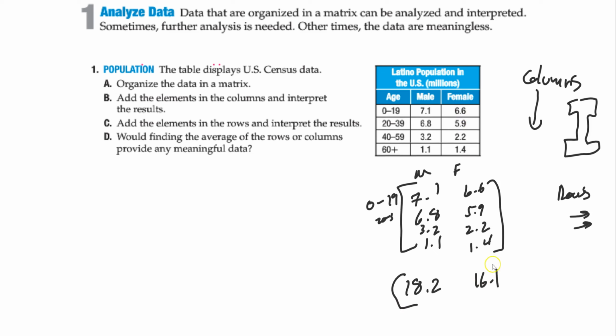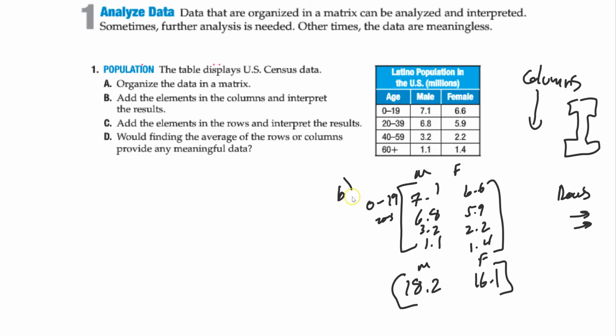Could be a little off there. What does that tell us? Well, this tells us the total number of males and the total number of females in the United States in millions. So we add the elements of the columns and interpret the results. This is the total number of males and total number of females, because this is broken down by age: males between 0 and 19, males between 20 and 39. If we add them all up, we just get all the males and all the females.